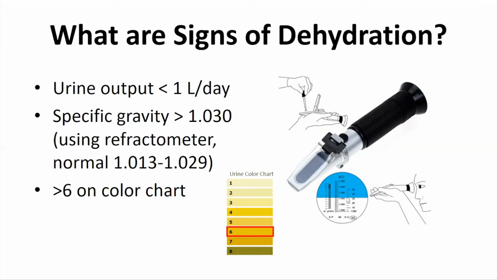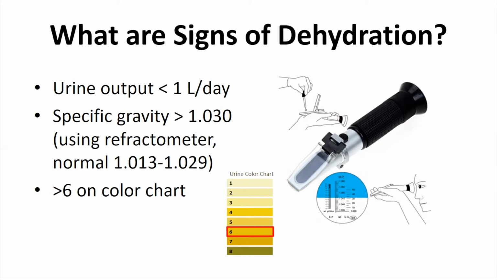So if you see this line here, it says 30. So if it looks like this sample would state that this individual is dehydrated. If you see this number 30, anything greater or above this would signal dehydration. Anything a line lower than here would indicate that the individual is hydrated.